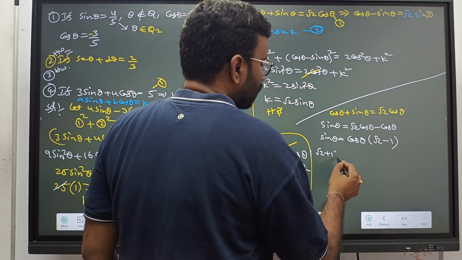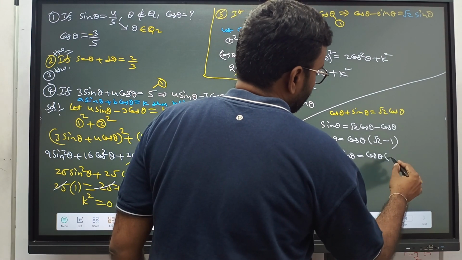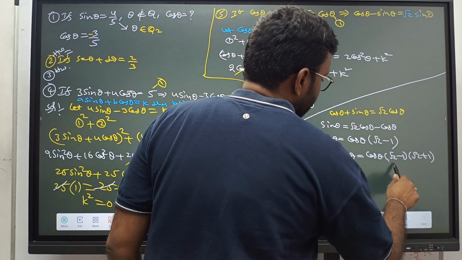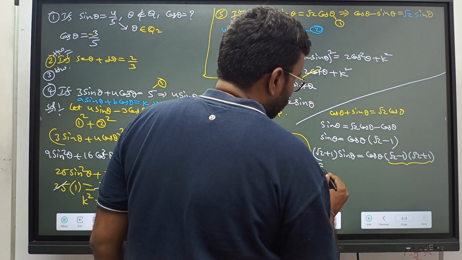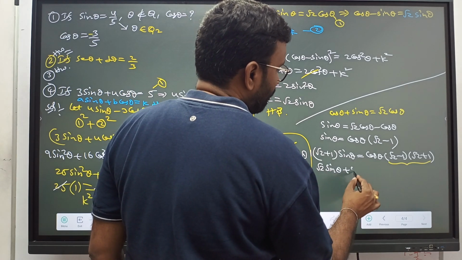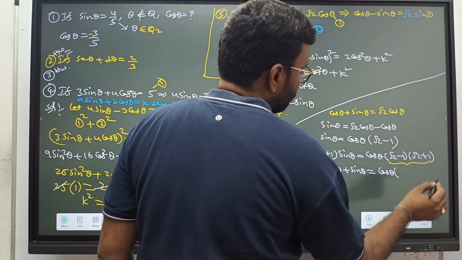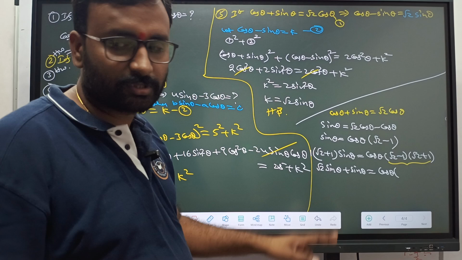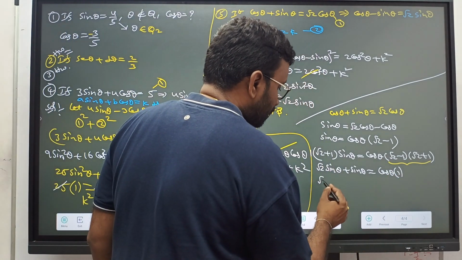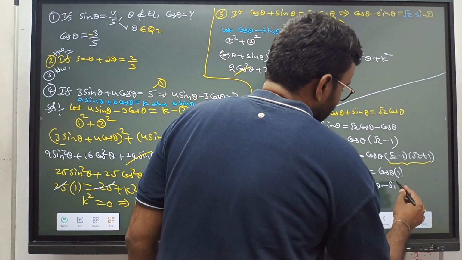Root 2 plus 1 into sin theta equals cos theta times root 2 minus 1 into root 2 plus 1. This is a plus b into a minus b. So root 2 sin theta plus sin theta is equal to cos theta into a square minus b square: root 2 whole square is 2, 2 minus 1 is 1. Take this sin theta across: root 2 sin theta is equal to cos theta minus sin theta.